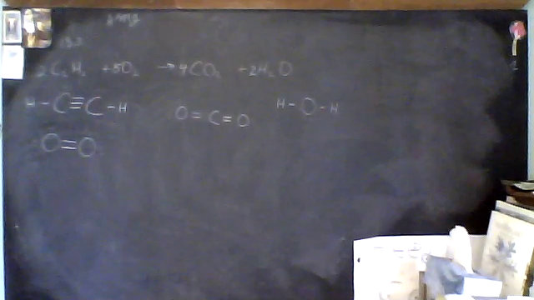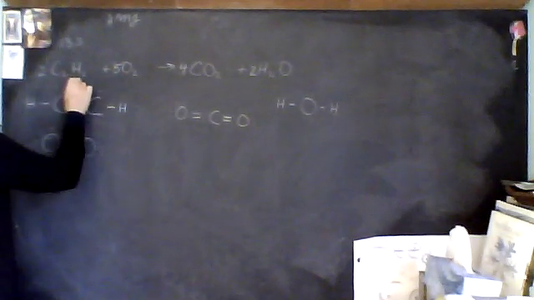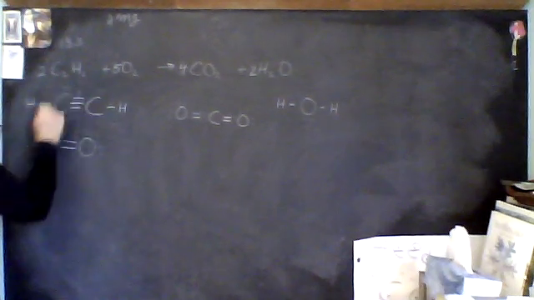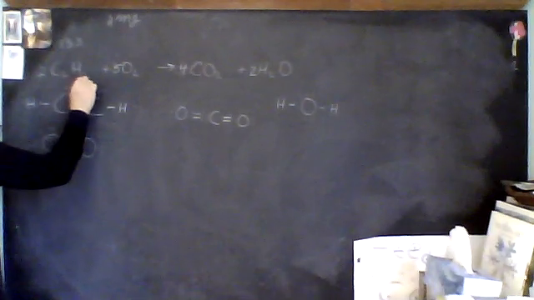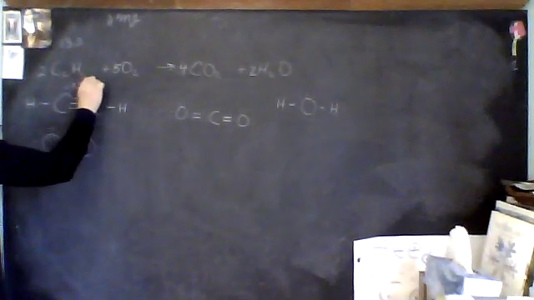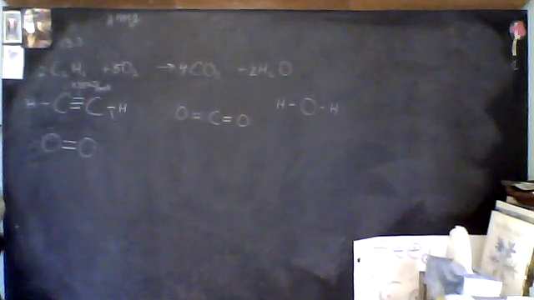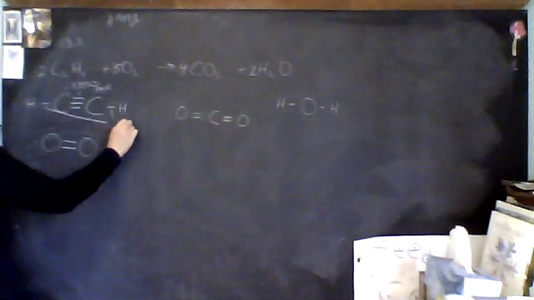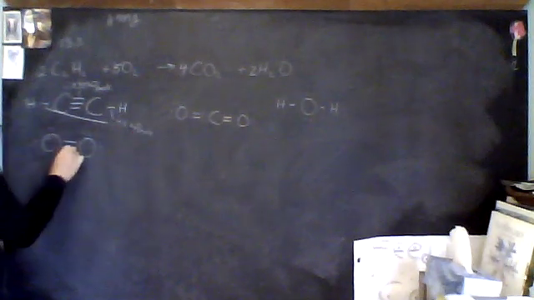We look at table 13.1 and we get the bond energies. What is the bond energy of this bond? Triple bond, that's 835 kilojoules per mole. How about this bond? C-H is 411 kilojoules per mole. How about this bond?